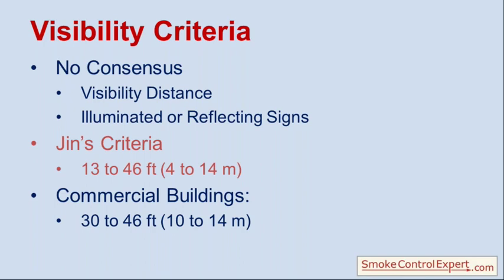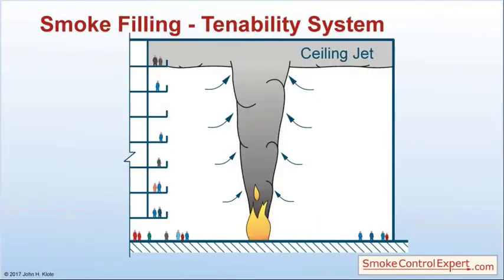The 4 meters is for locations where the occupants are very familiar with their surroundings, the way they would be inside your home. And so for commercial buildings, the 4 isn't so good. Values I've seen people use a lot are 10 to 14 meters. And I'll mention that later on.